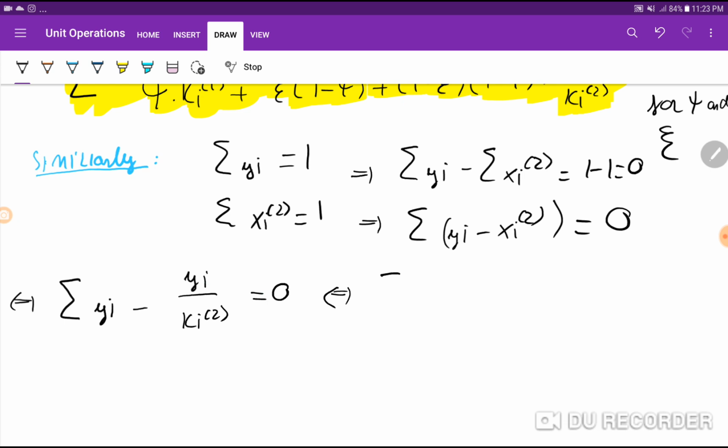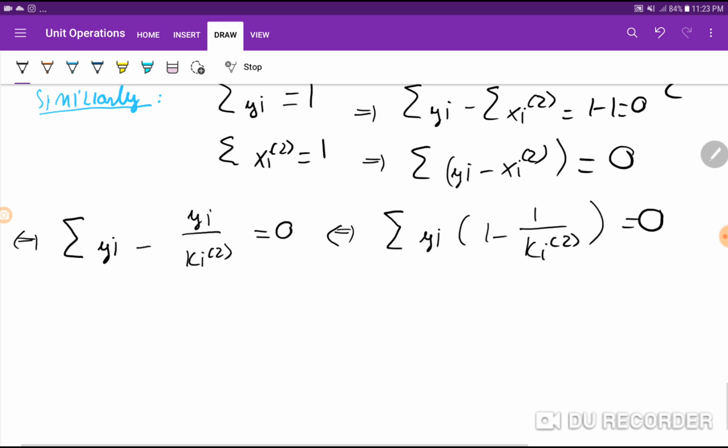So you have summation of yi times 1 minus 1 over ki2 equal 0. So now I'm gonna rewrite this a little bit differently: yi times ki2 minus 1 over ki2 equal 0.